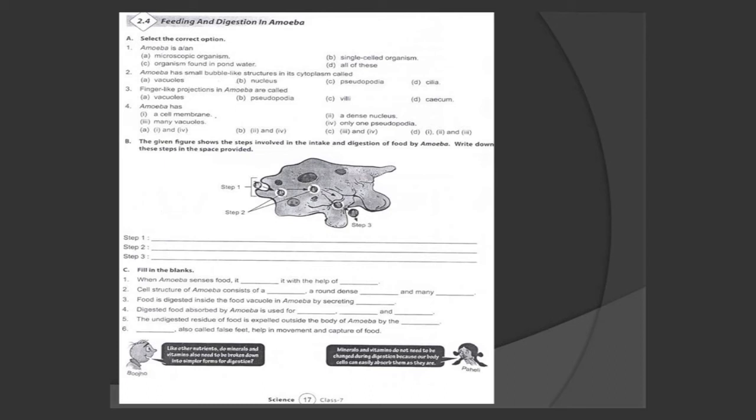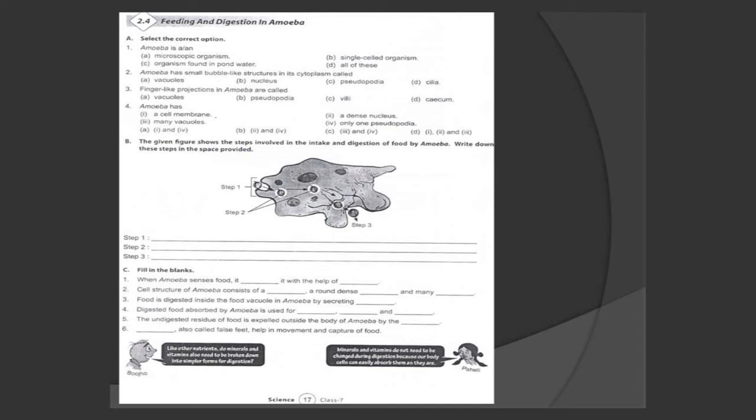Then C, fill in the blanks. When amoeba senses food, it traps it with the help of pseudopodia. Cell structure of amoeba consists of cell membrane around dense nucleus and many vacuoles.